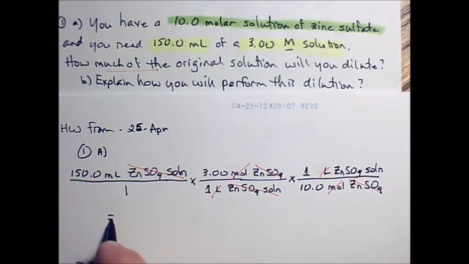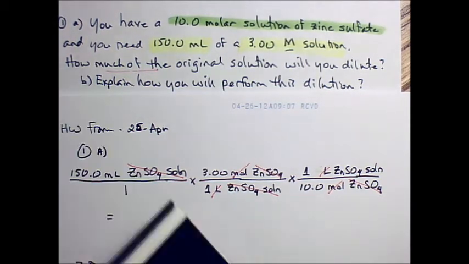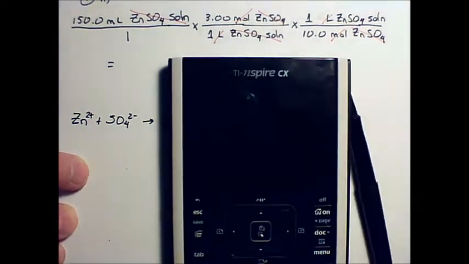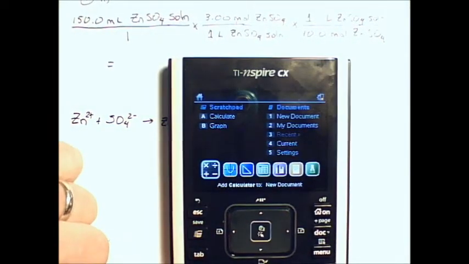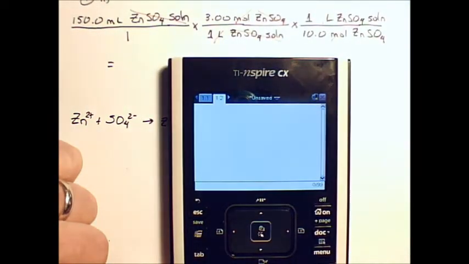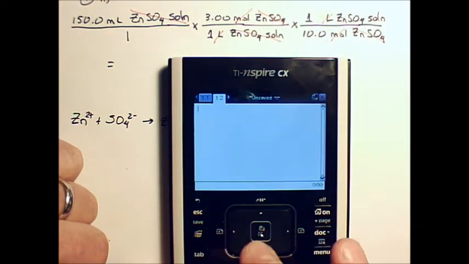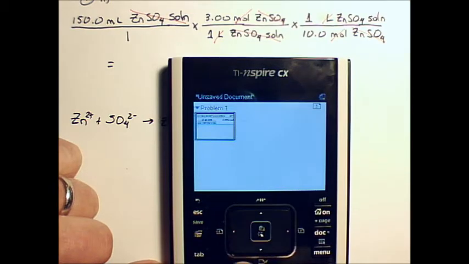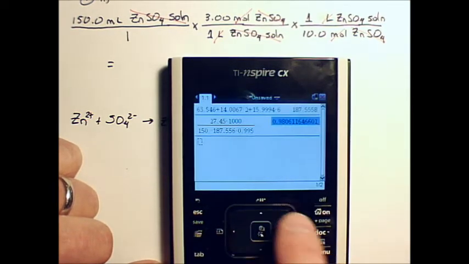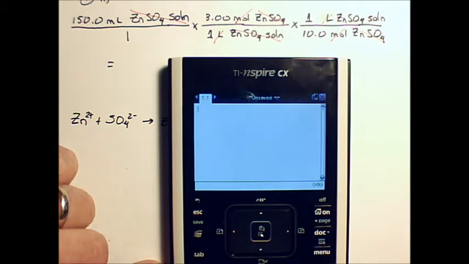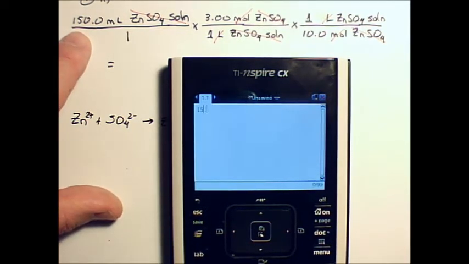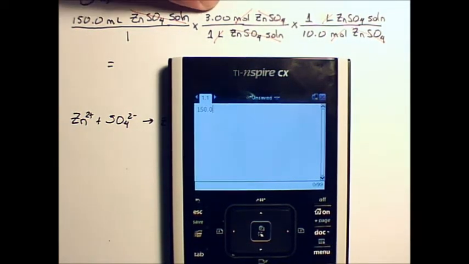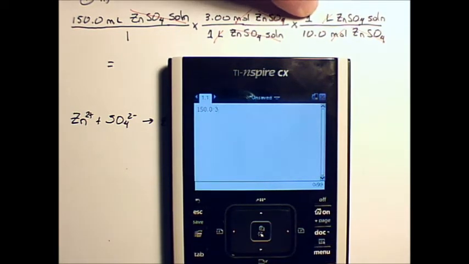So we're ready to do the math? Okay, so 150.0 times 3. Don't need to multiply by 1, but I do need to divide by the 10.